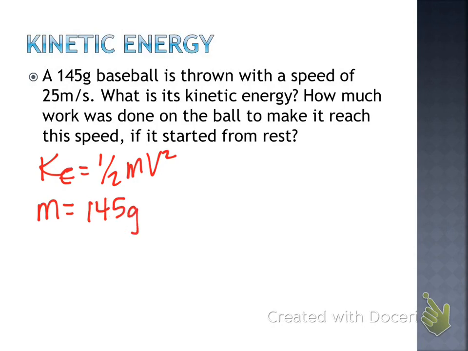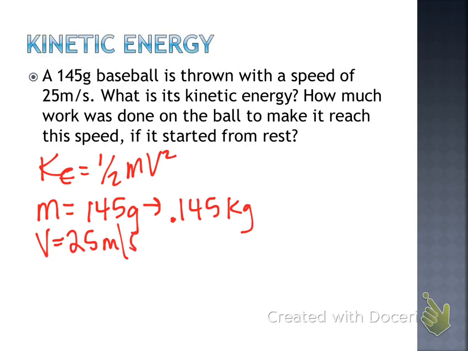Our mass is equal to 145 grams. What do we need to do to that gram? We have to convert it to kilograms. So that gives us 0.145 kilograms. Remember, 3 spaces to the left. Our velocity is 25 meters per second. So that means KE is equal to 1/2 times 0.145 times 25 squared.